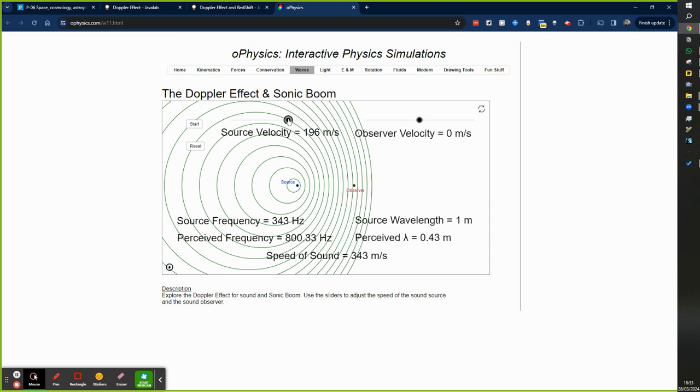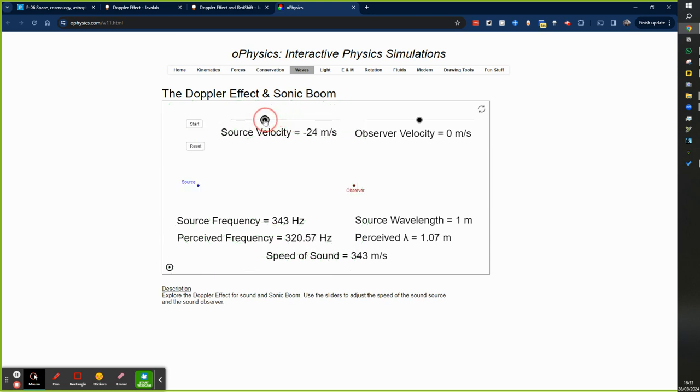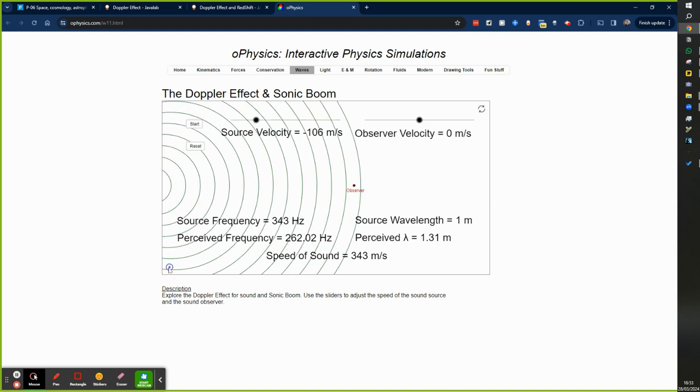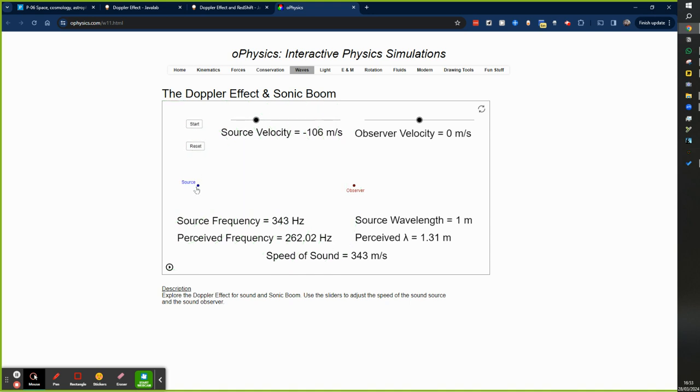If the object is moving away from the observer, then we can see they're getting stretched. It doesn't quite show it here. Let me reset it. Can I move this? No, I can't. That's a shame. Okay.